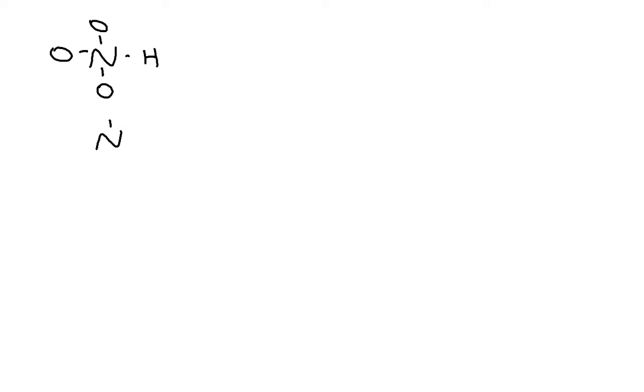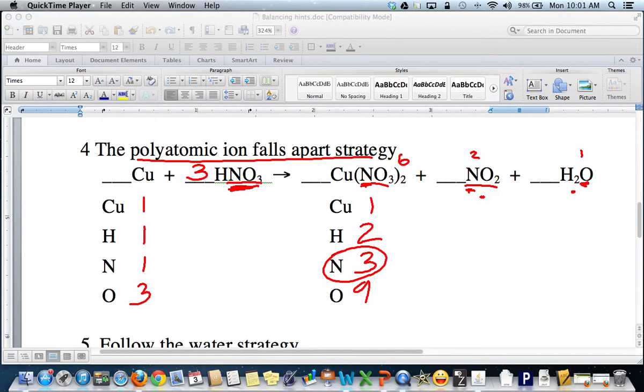Now, these aren't necessarily correct Lewis structures, but HNO3, there's an H and an NO3. And why am I drawing 3 of them? Why am I drawing 3 HNO3s? No, I put a 3 in before, remember? Right. I said 3 HNO3.